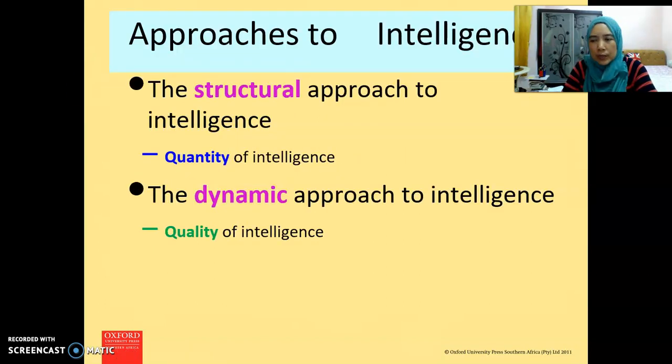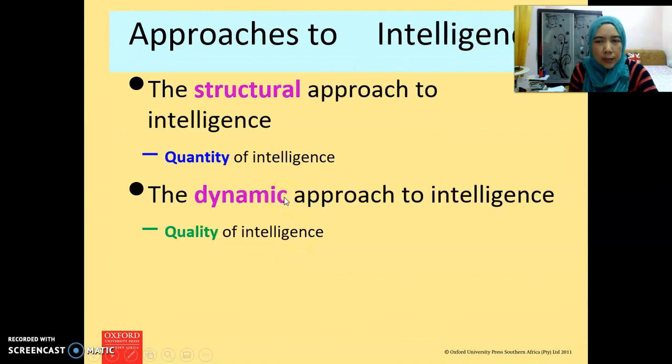So for approaches to intelligence, there are two types. First is the structural approach. Second is the dynamic approach. The structural approach is more related to the quantity of intelligence, that means the numbers, the amount of intelligence. The dynamic approach relates more to the quality of intelligence.